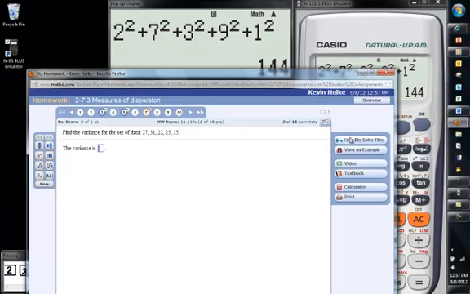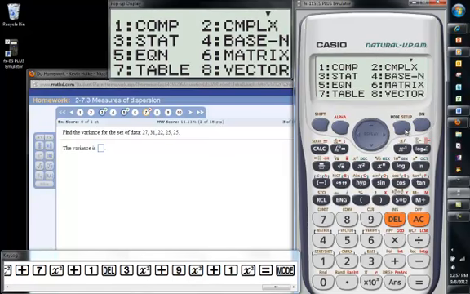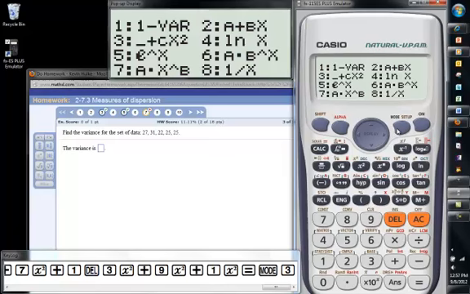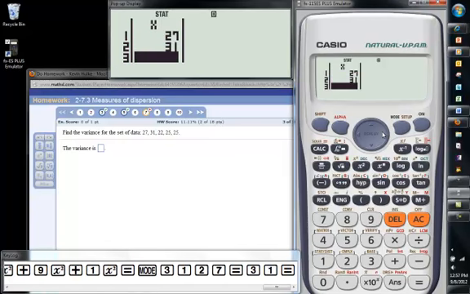And then the next one is finding the variance. The variance is the sum of the squares divided by the count, or you could do it by taking the square of the standard deviation. Let's do it first of all by finding the variance using the statistics mode. 3, and we're doing one variable statistics, 27, 31, 22, 25, and 25.